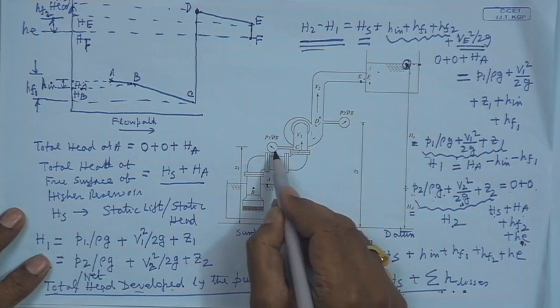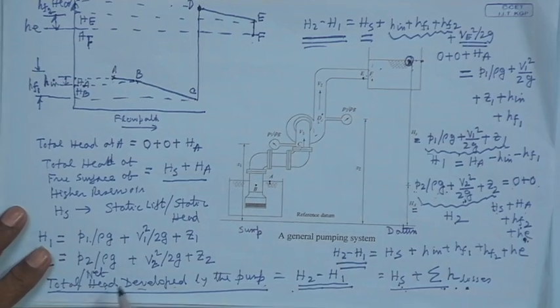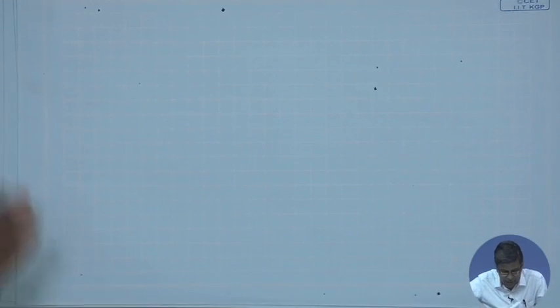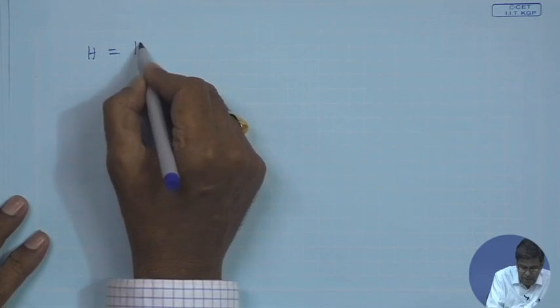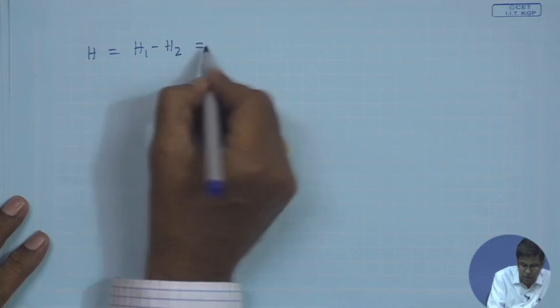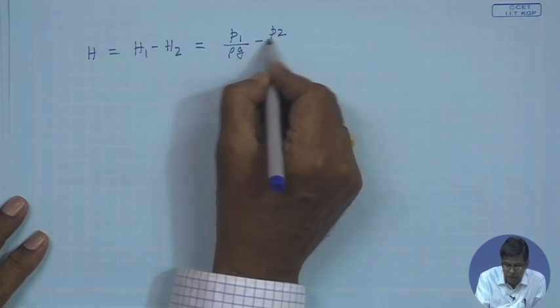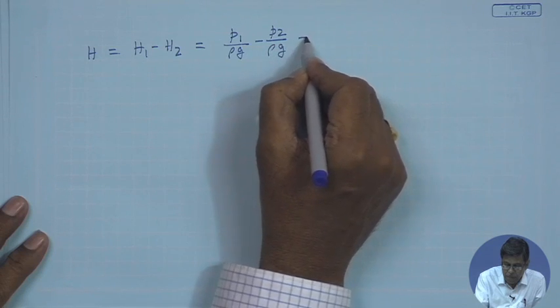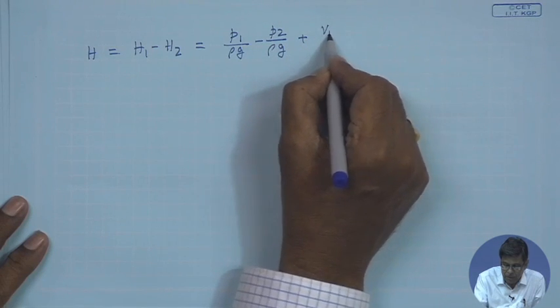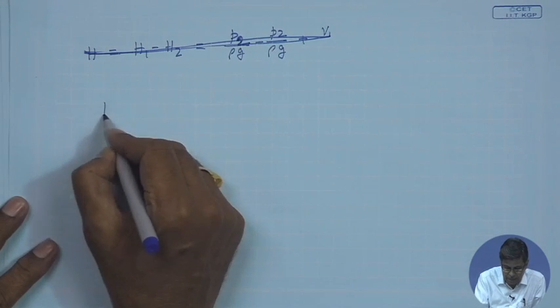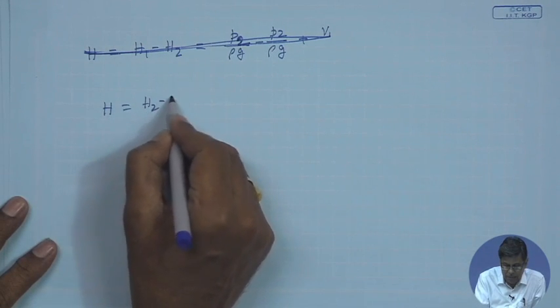Now, here, P1 by rho, total head developed here is this minus this. Therefore, we can write that the total head or net head developed by the pump, H, is H2 minus H1.